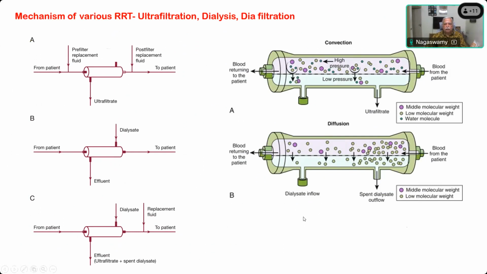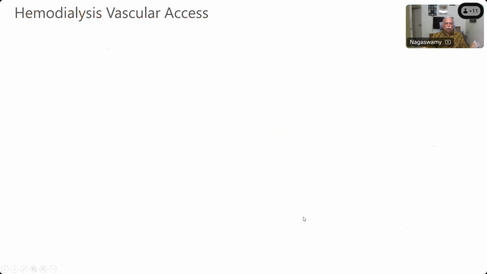These are all the various sizes of molecules which are being removed from these mechanisms. Now to do this filtration, you need a vascular access. Unless you take the blood out of the patient from his body into the extracorporeal system, you cannot clean it up and pump it back into the patient.